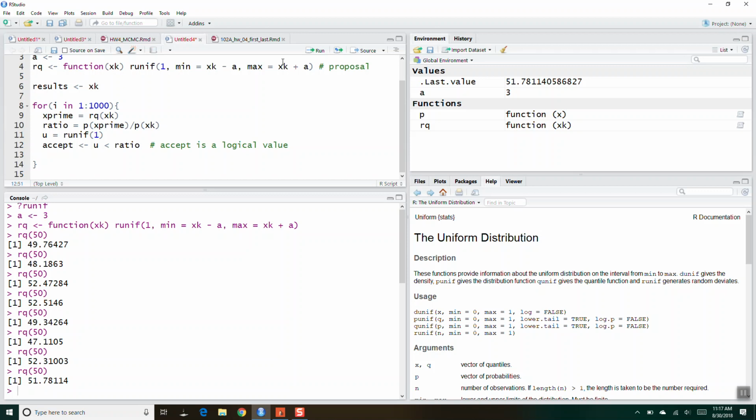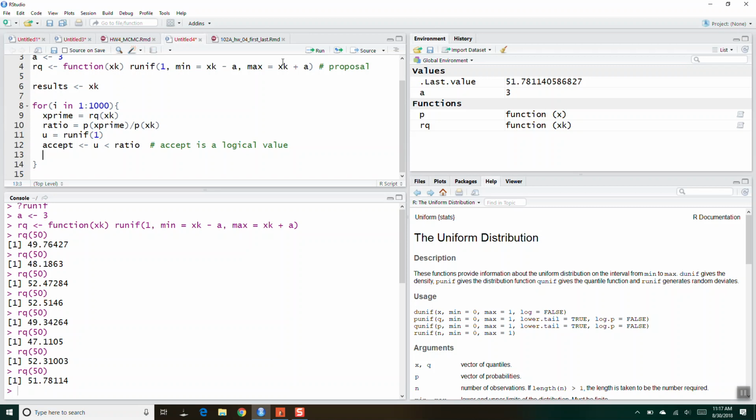Okay, and the nice thing about this is that if our ratio is greater than 1, u will always be less than the ratio. So I don't have to do the extra step of saying that the probability is the minimum of 1 and the ratio. Okay, u maxes out at 1, so it's okay.